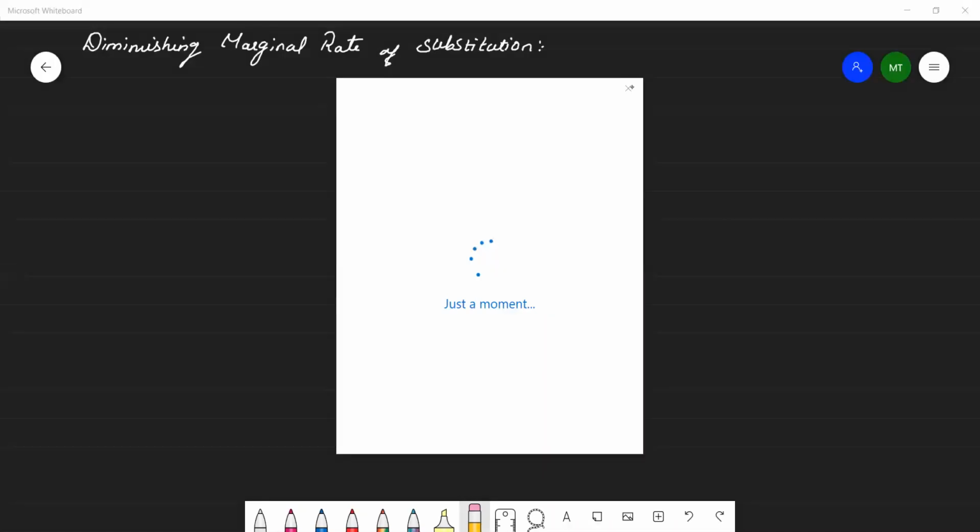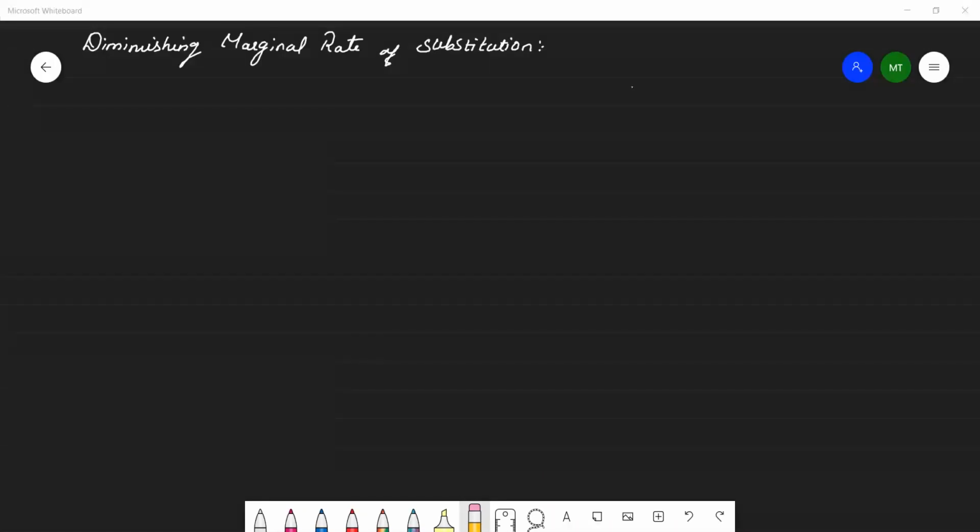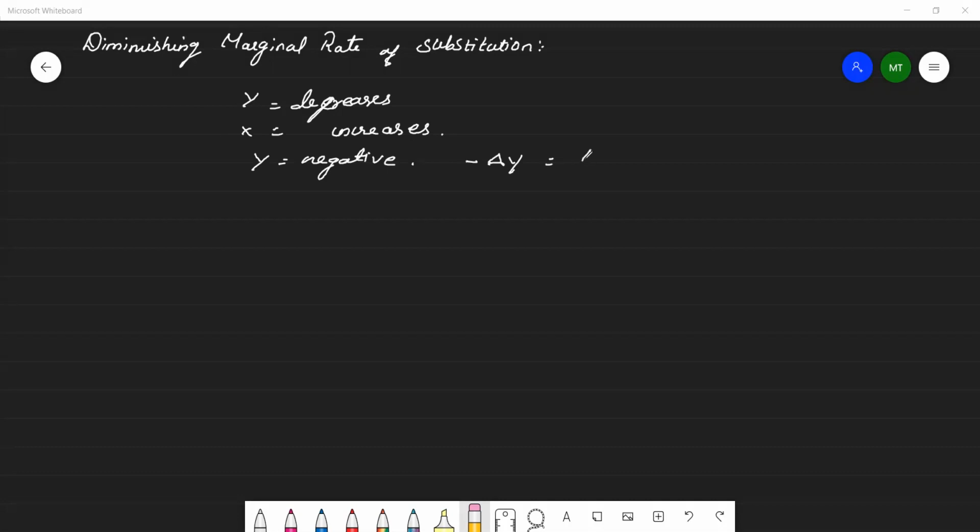Repeat it, ma'am. First, y decreases as x increases, so the change in y is negative. That is why the equation is MRS of xy equals minus change in y by change in x.